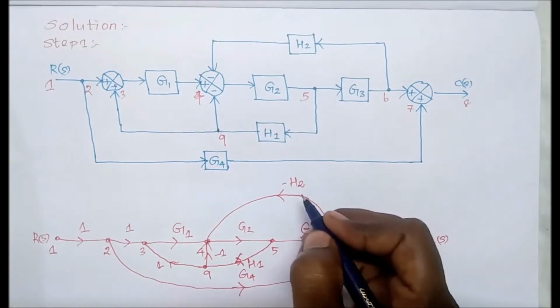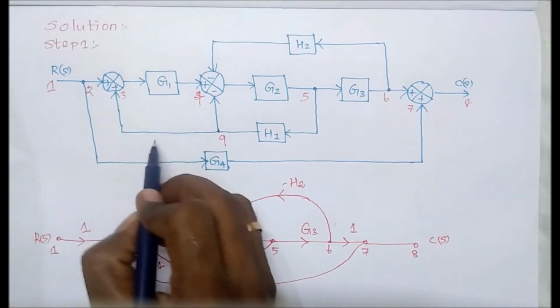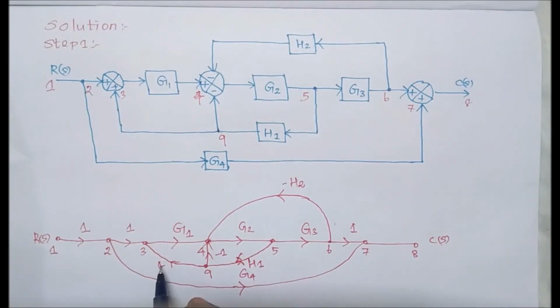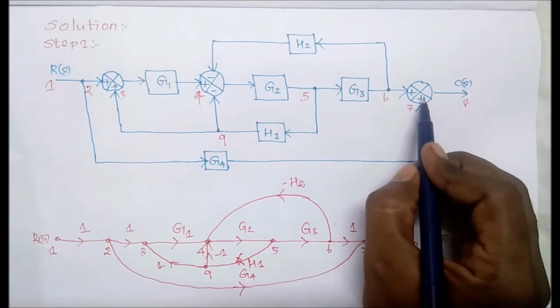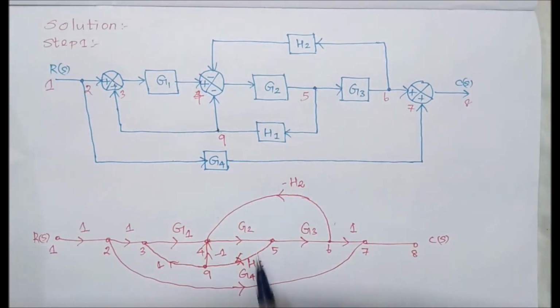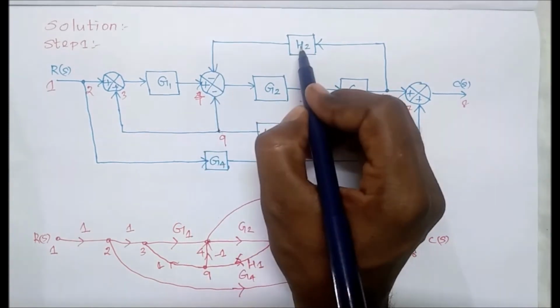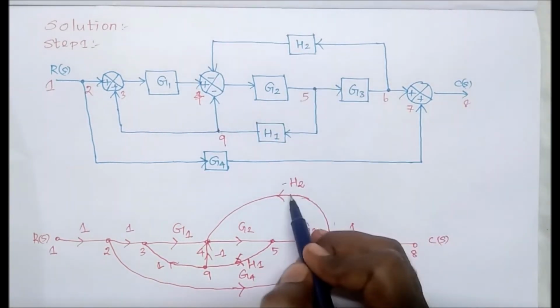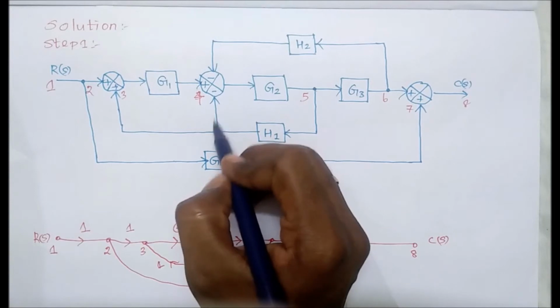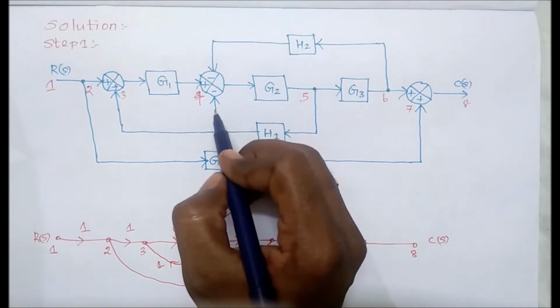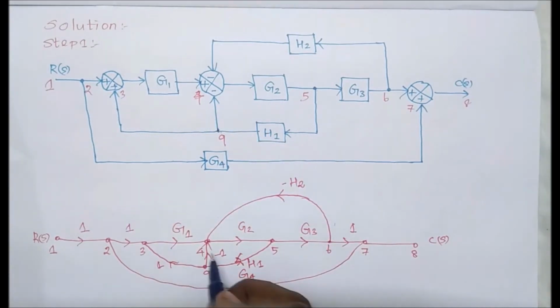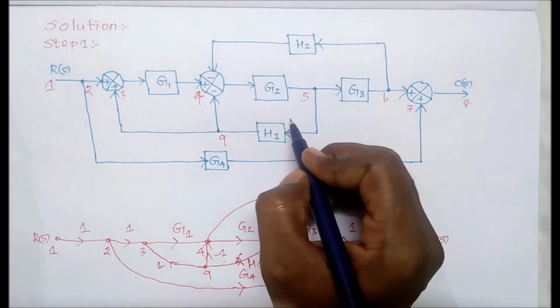At the positive points we simply use plus 1 and G4, but at this point it is minus, therefore we have to use minus H2 in the signal flow graph. So here there is a unity gain, but in the signal flow graph we have to use minus 1. So this is the signal flow graph for this block diagram.